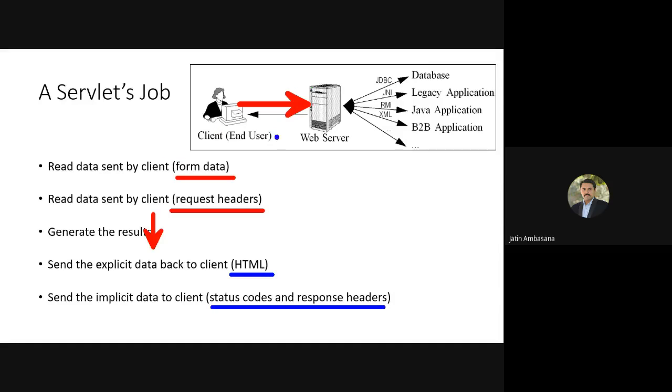Whereas when the server sends the response back, then in response it will obviously have an HTML part, that is the body of the response, and the status code and response headers. Using the status code and response headers, the browser will come to know what kind of response it is. Is this a proper response or is there an error-based response?